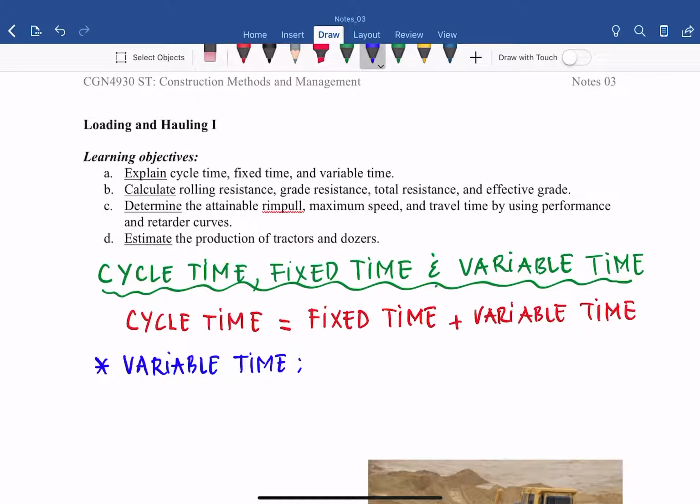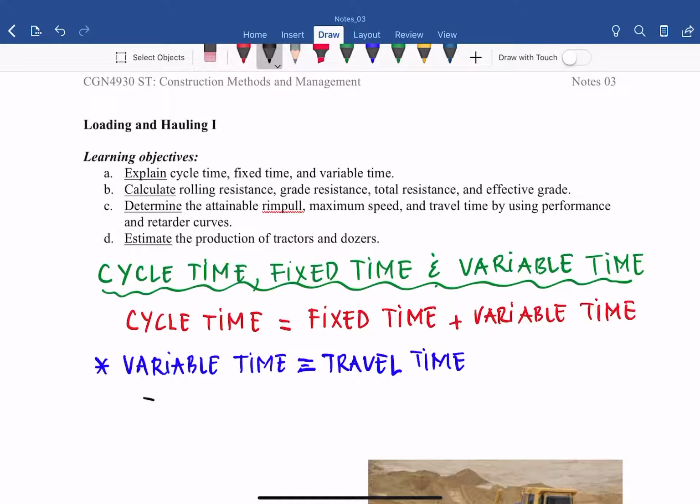So variable time is basically the change of travel time, and that contributes significantly to the efficiency of the operation of the equipment. And of course, it will depend on 2 factors.